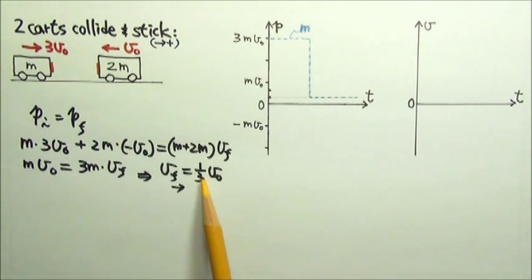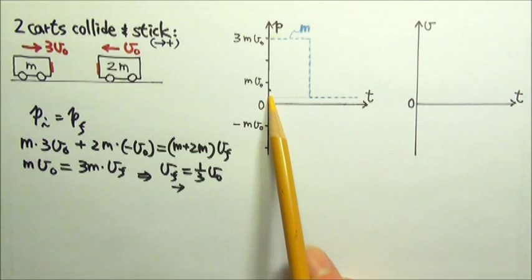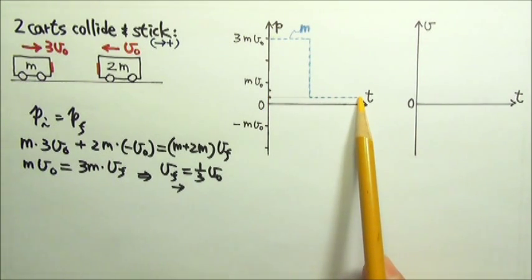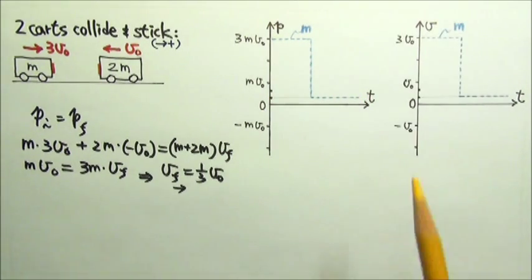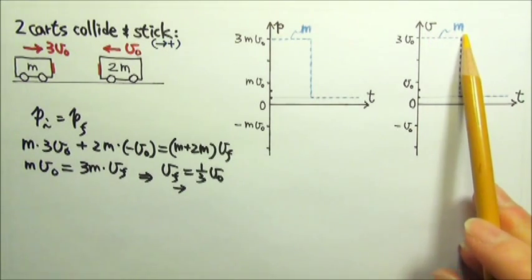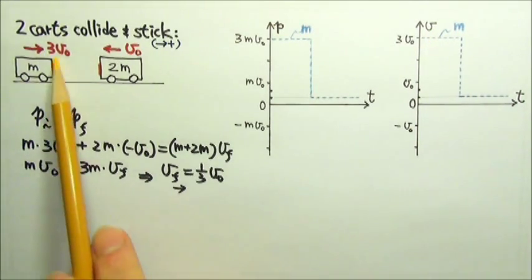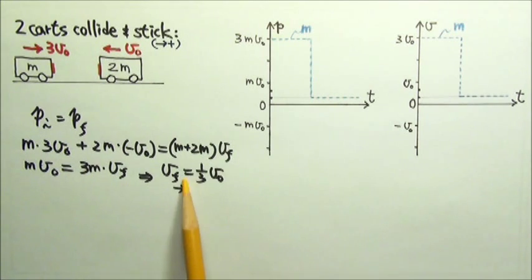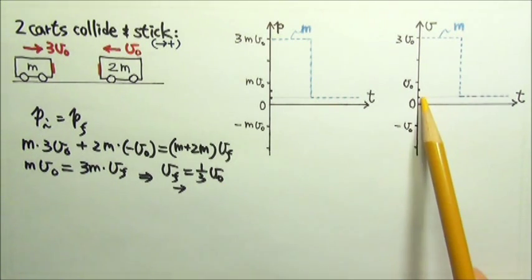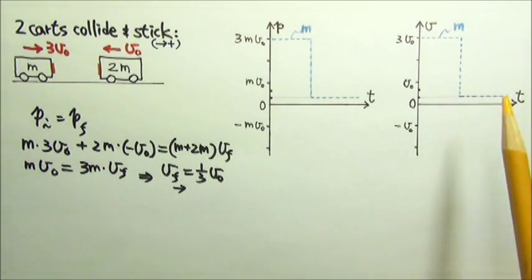So it's 1m times 1/3 v0, that's 1/3 m times v0. As for the velocity of 1m, before the collision the velocity is 3v0. After the collision, the velocity is 1/3 v0.